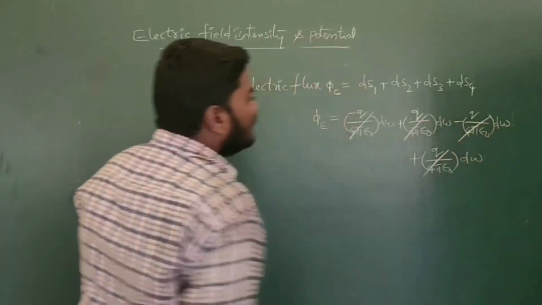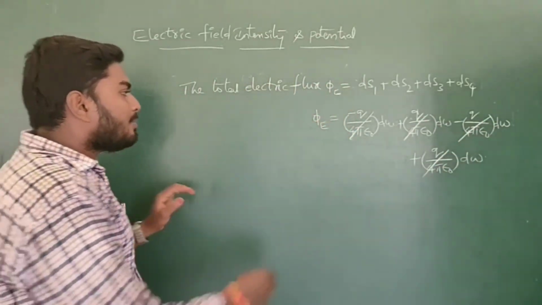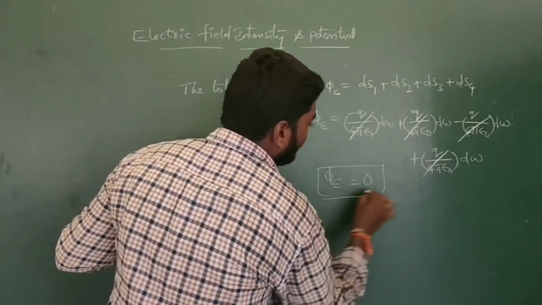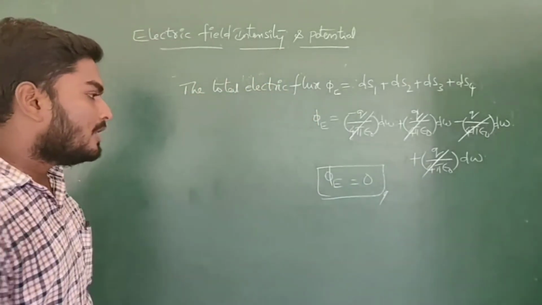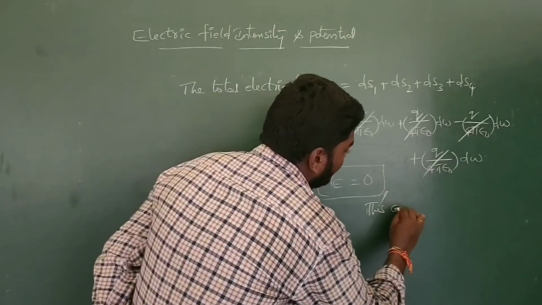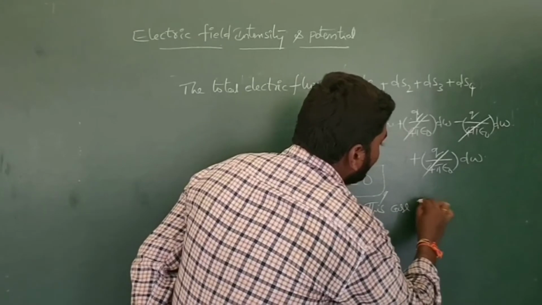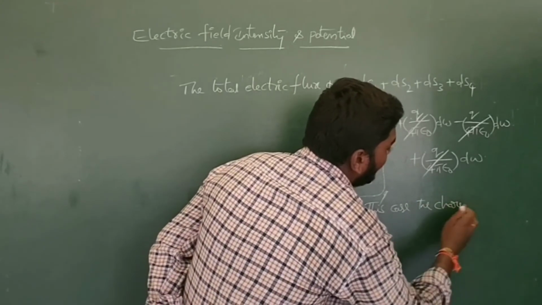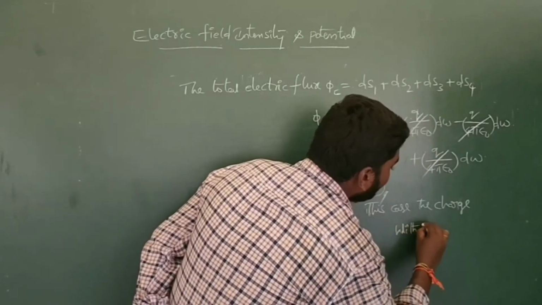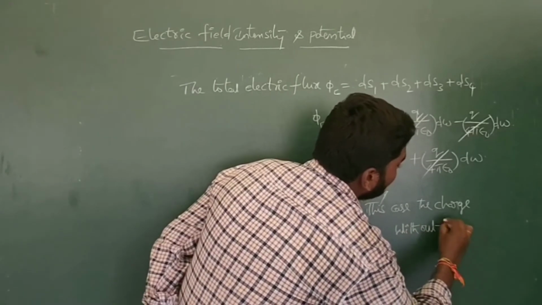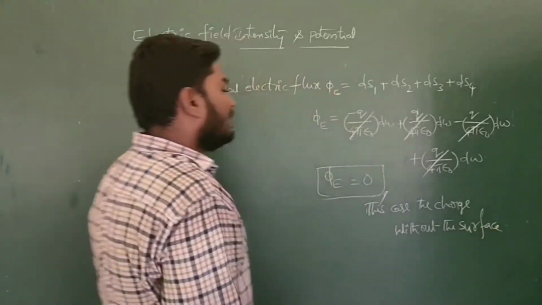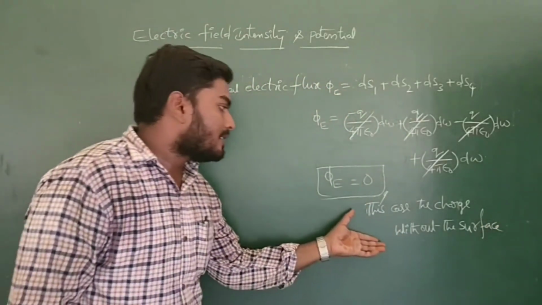Negative, positive, negative, positive, so the total flux φ equals 0. This is the case of the charge outside the surface.